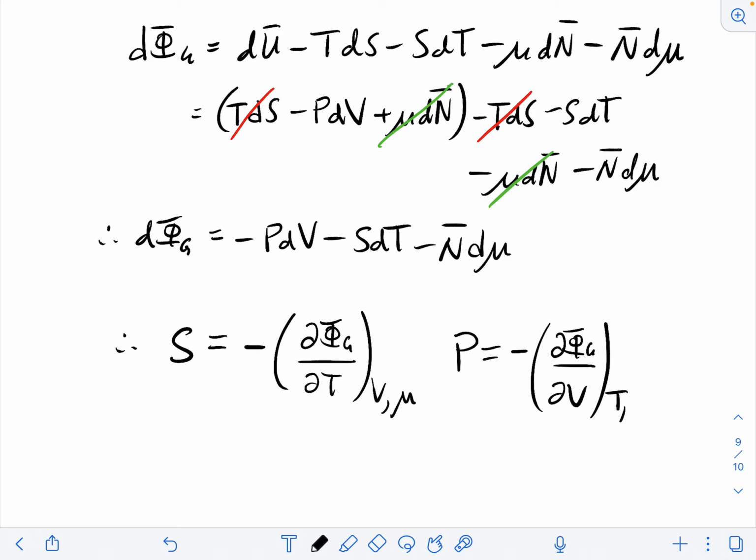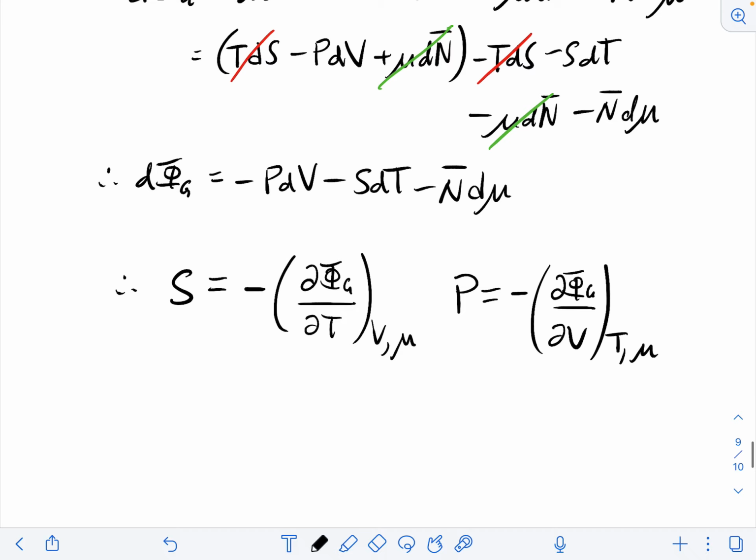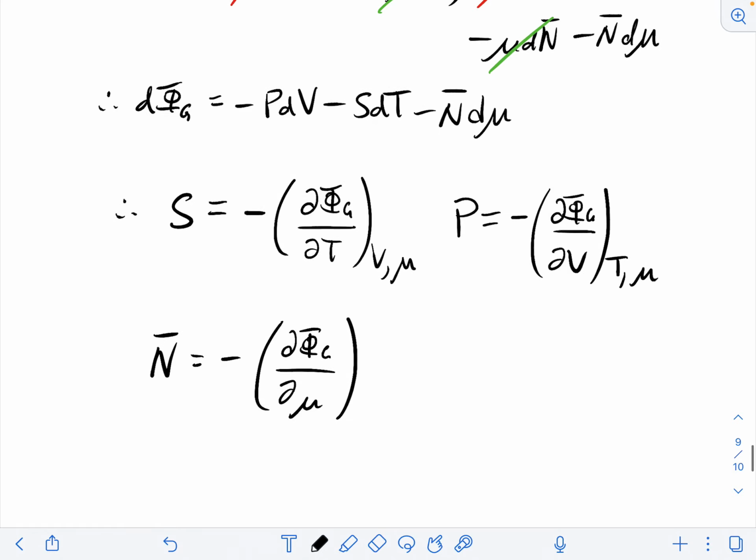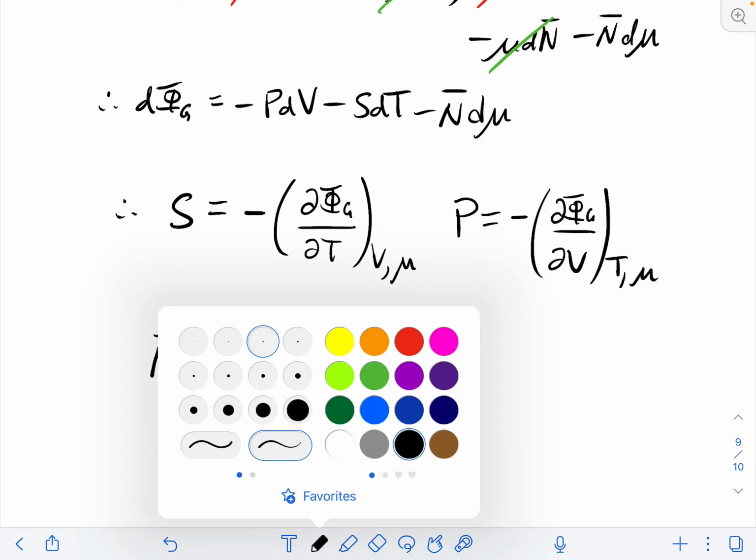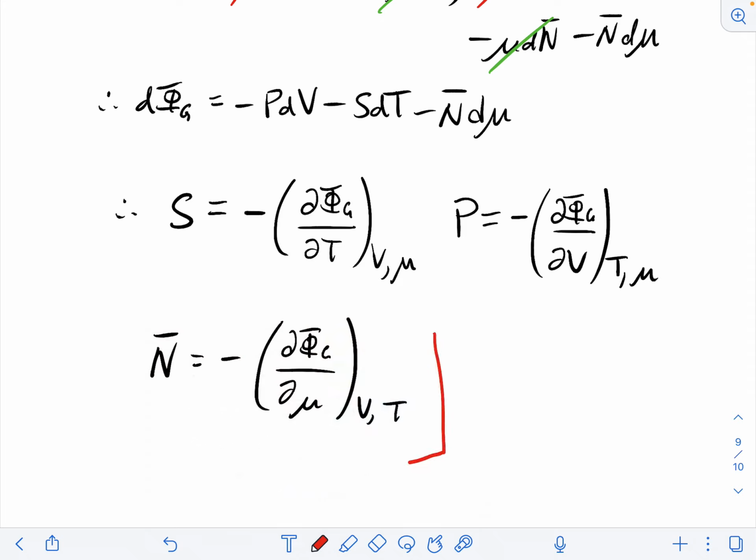And particle number: if we keep V and T fixed, this is minus d phi_g d mu at constant V and T. In fact, this one is going to be particularly useful in the next video, and so we'll come back to it.